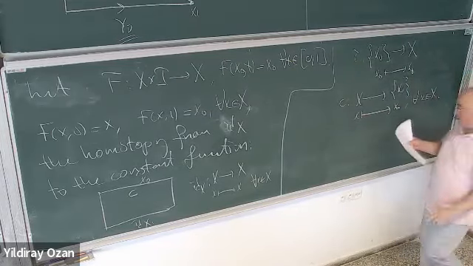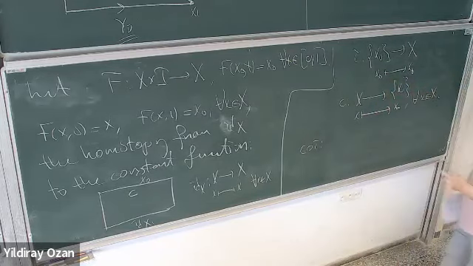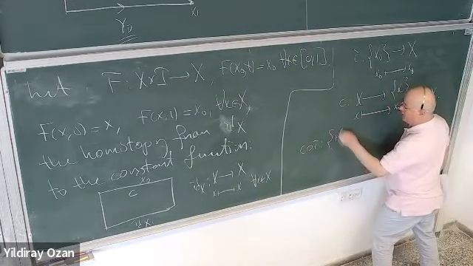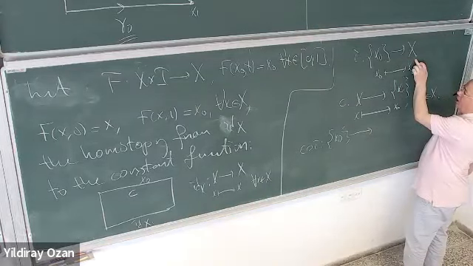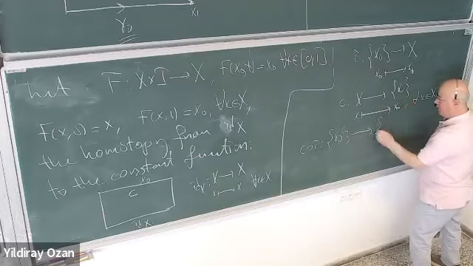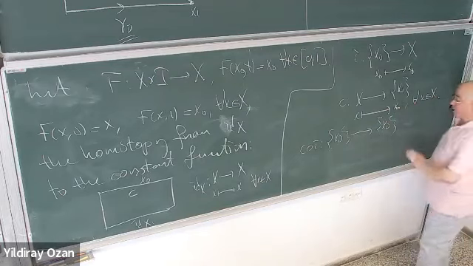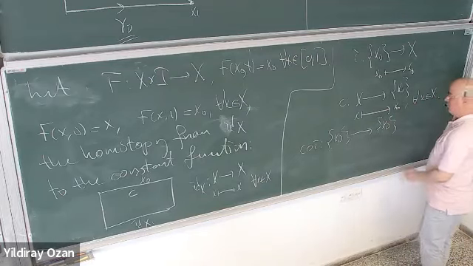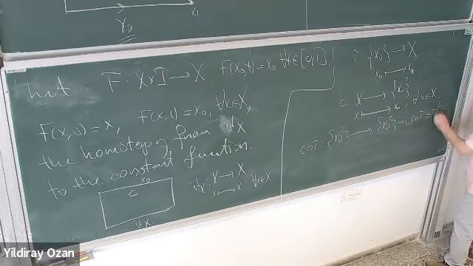Now, let's consider this composition, C composition I. This is the map from x0 to, first I go by I to x, and then from x, again, to this thing. And of course, this is the constant function. So this composition is just the identity function of this space.